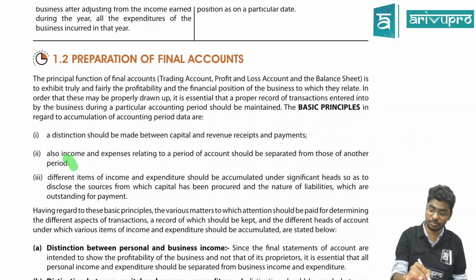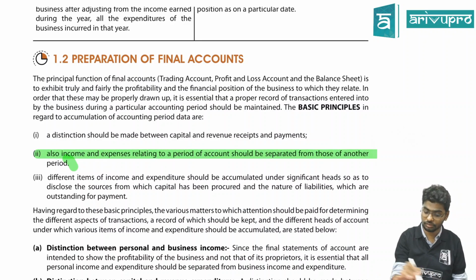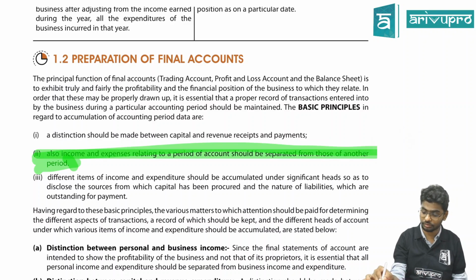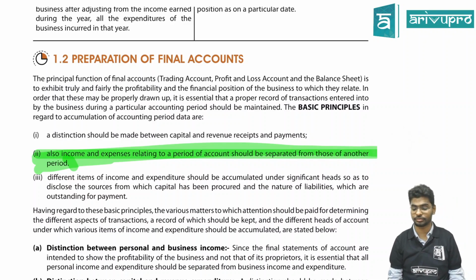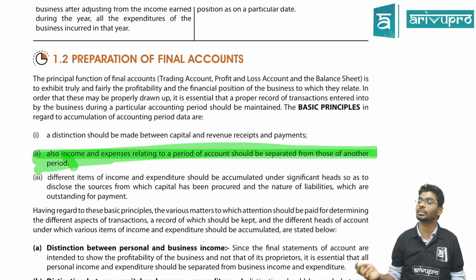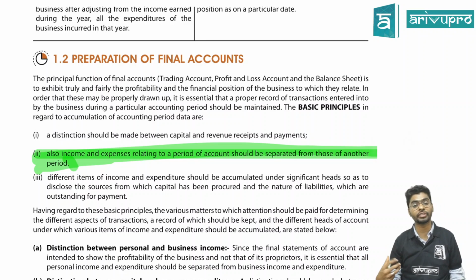Second one, very important, see here. I want you guys to read this and tell me we have covered this concept somewhere. Which concept are we talking of? Accrual, periodicity, matching. All the income and expenses of a particular period should be matched only with the income and expenses of that period to find out the profit or loss. Anything which pertains to the next period, you keep it aside.